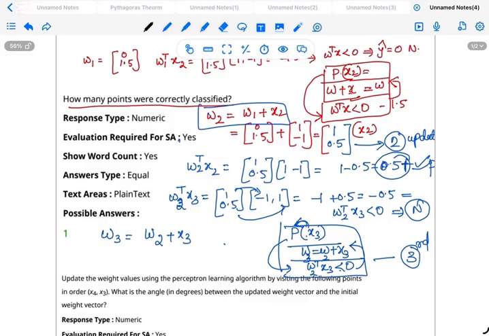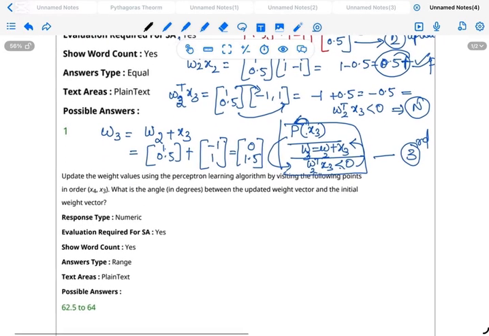So W2 equals (1, 0.5) plus X3, which is (-1, 1). So the updated weight vector W3 equals (-1 plus 1, 0.5 plus 1), that is (0, 1.5).